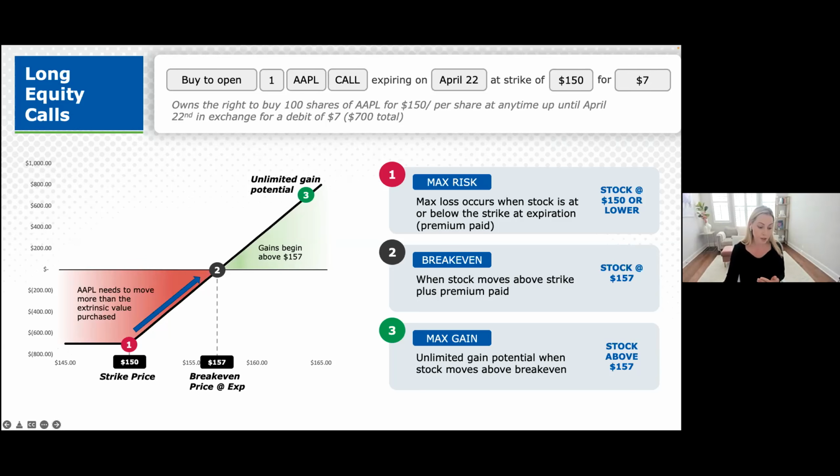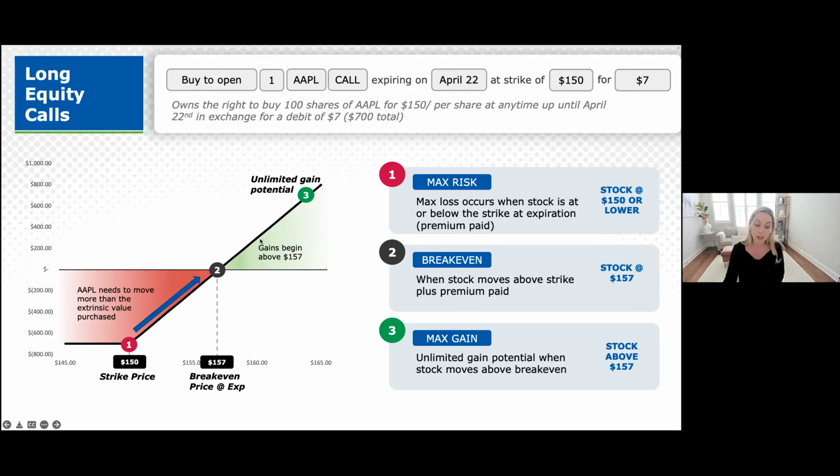So the strike price is 150. We paid $7 for it. So that's where we actually break even at expiration, because if Apple was at 157, we know it would lose all of its extrinsic value, but I could buy at 150 and sell at the market at 157. Therefore, that's worth $7. That's why we need it to move more.